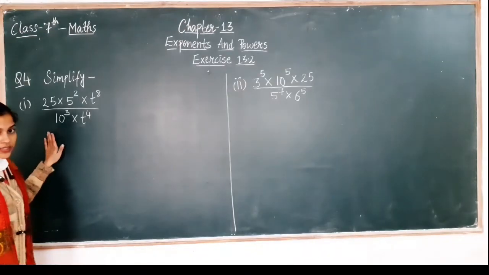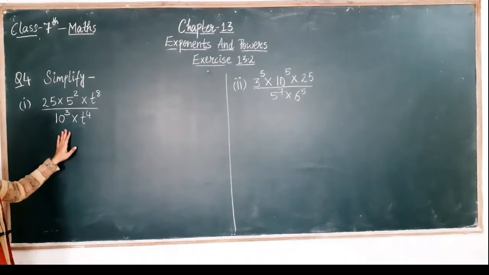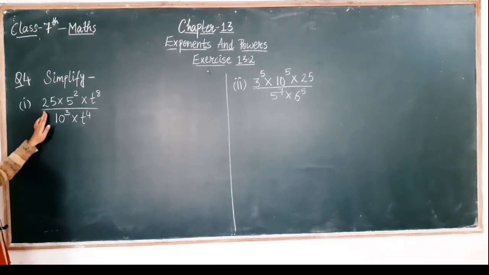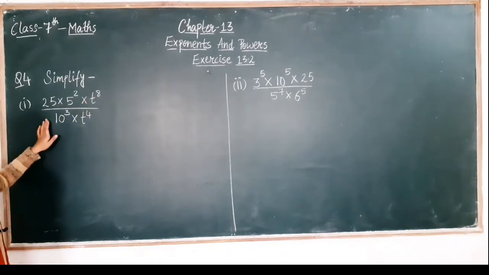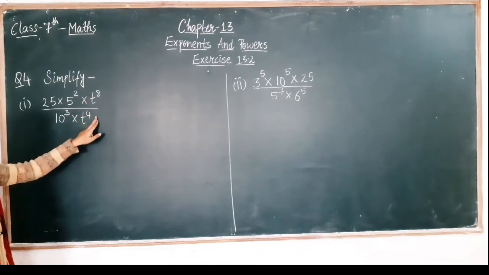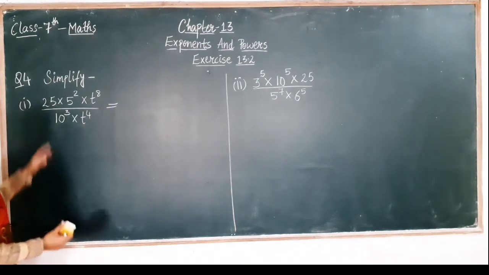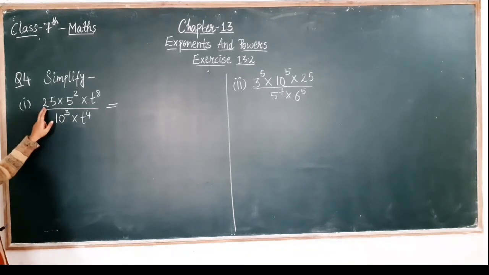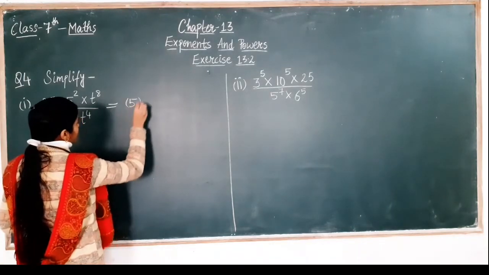Now we'll see our next question, that is question 4, simplify. So we have to simplify this question. We have been given 25 into 5 square into t to the power 8 divided by 10 to the power 3 multiplied by t to the power 4. So first we can simplify 25. 5 5s are 25, that is 5 square.